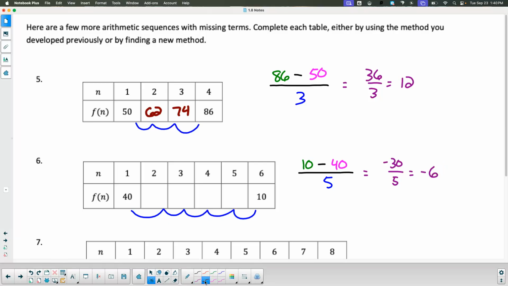So I'm subtracting 6, so that's 34, 28, 22, 16, and then that gets me to 10.